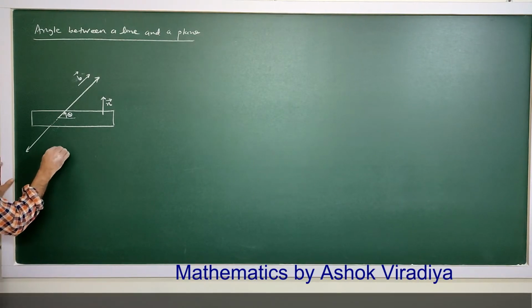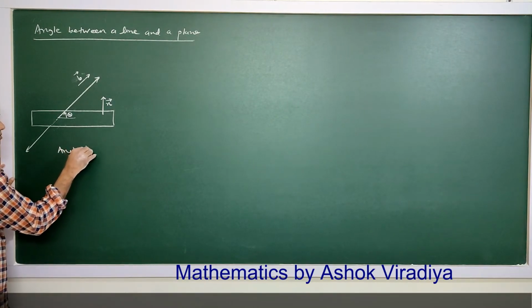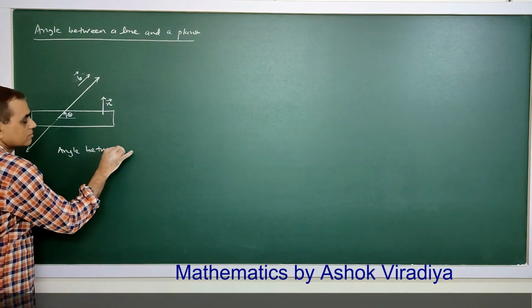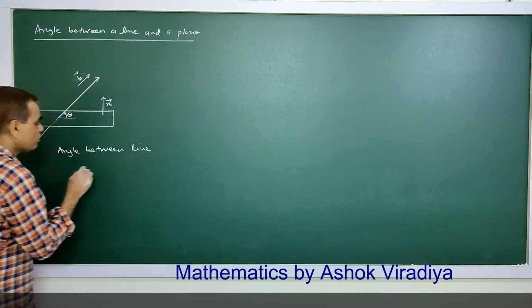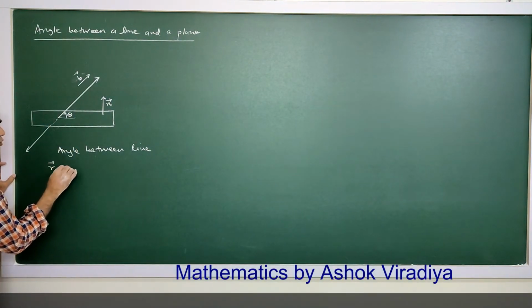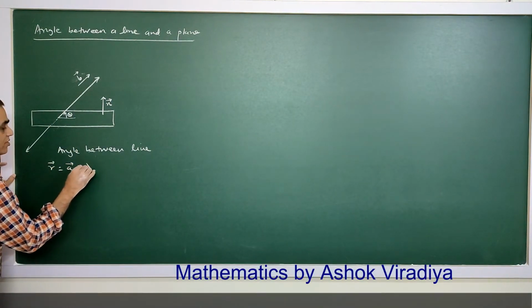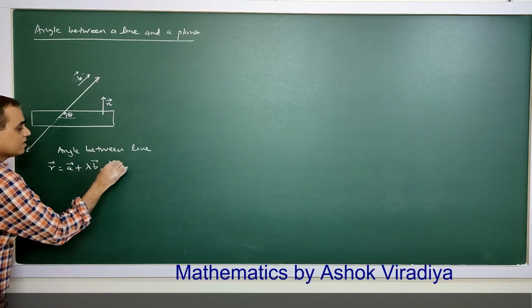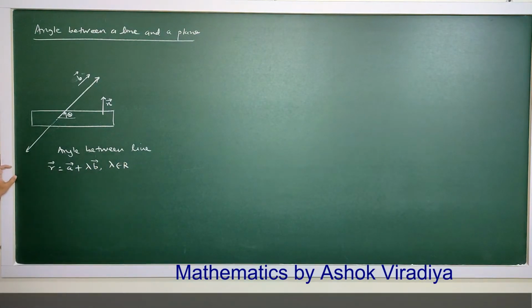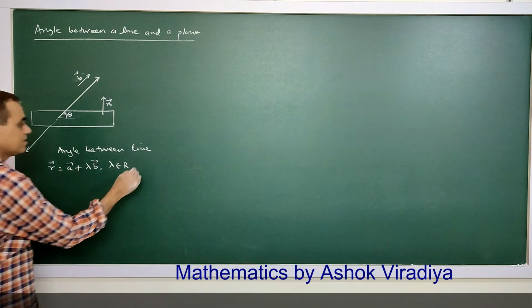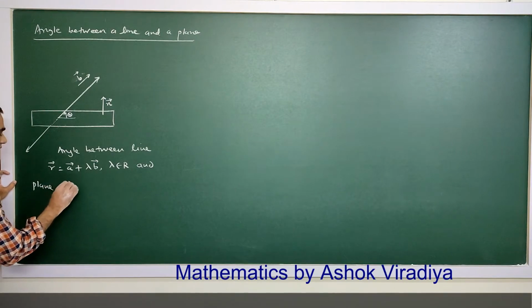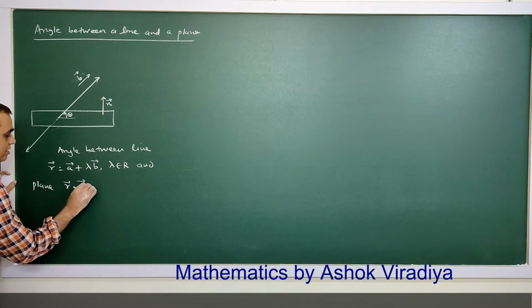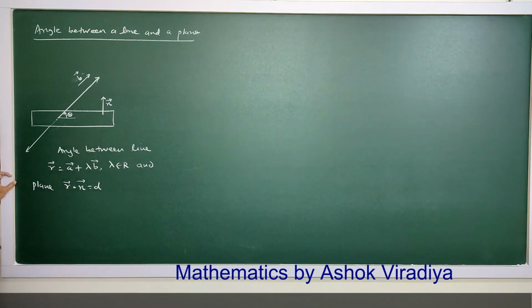So angle between line, suppose equation of line is vector r is equal to vector a plus lambda times vector b, lambda belongs to R, and plane is vector r dot n equal to d.